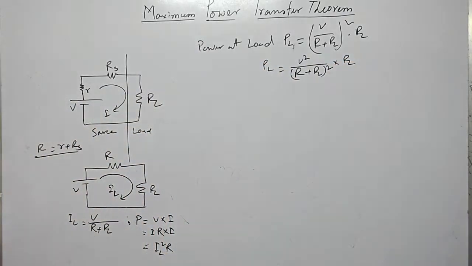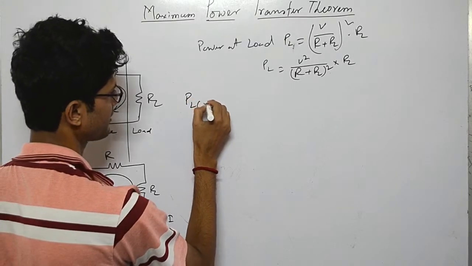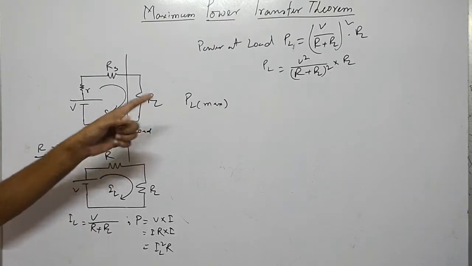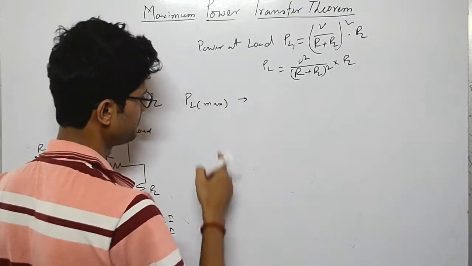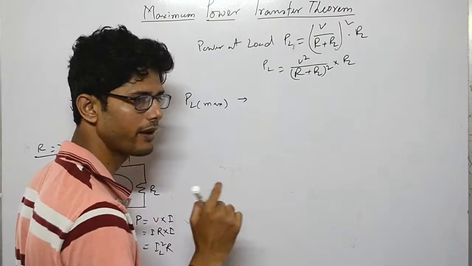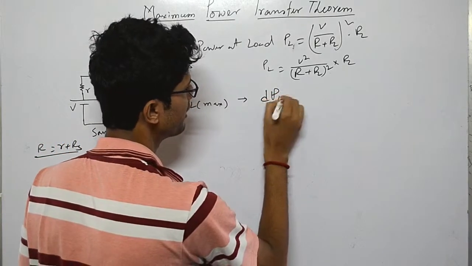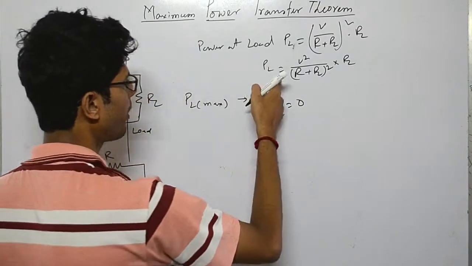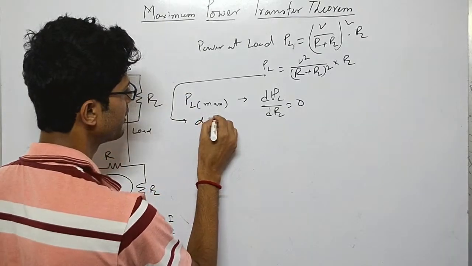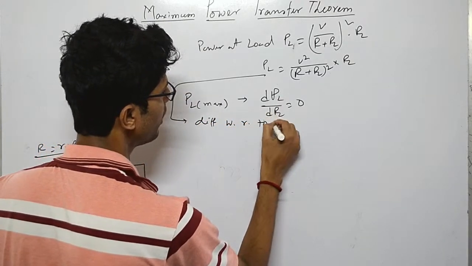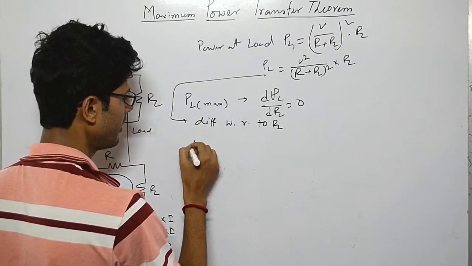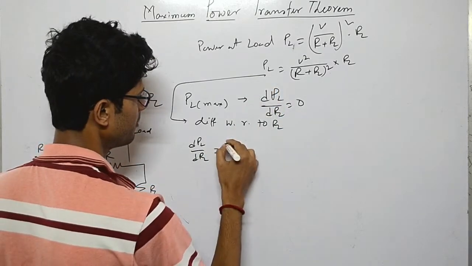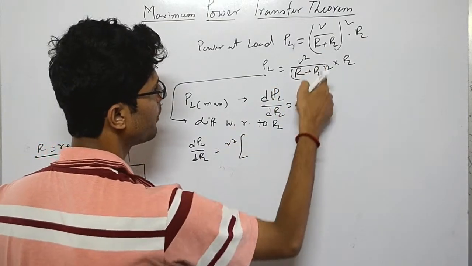When you go for the maximum, PL max, when you transfer the maximum power from source to load, there is a predefined condition: the derivative of PL with respect to RL is equal to 0. So from this equation you differentiate with respect to RL. V square is a constant term, then we use the U by V method.